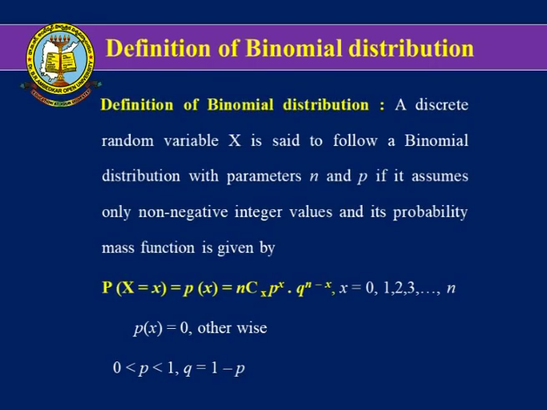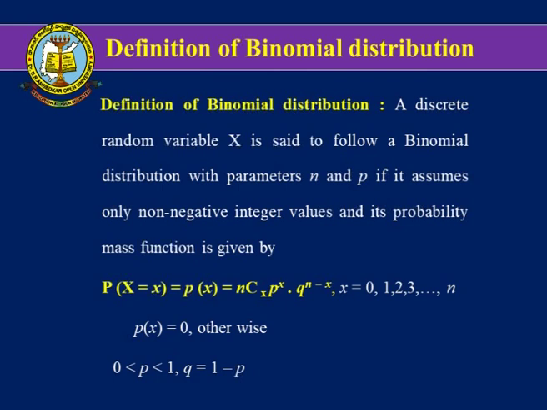Now the definition of binomial distribution. A discrete random variable x is said to follow a binomial distribution with parameters n and p if it assumes only non-negative integer values and its probability mass function is P(X = x) = nCx p^x q^(n-x), where x takes values 0 to n, otherwise this function is 0. Here p always lies between 0 and 1, and q is equal to 1 minus p.